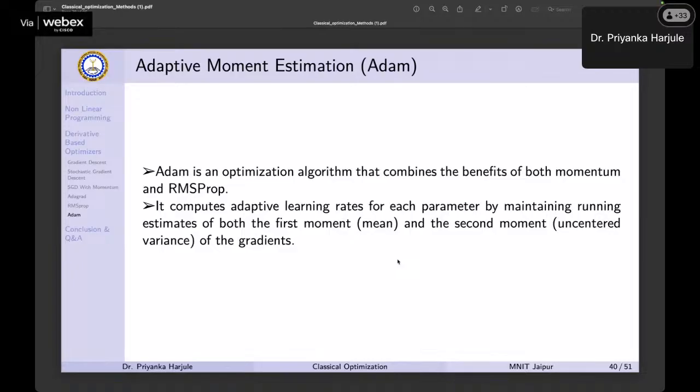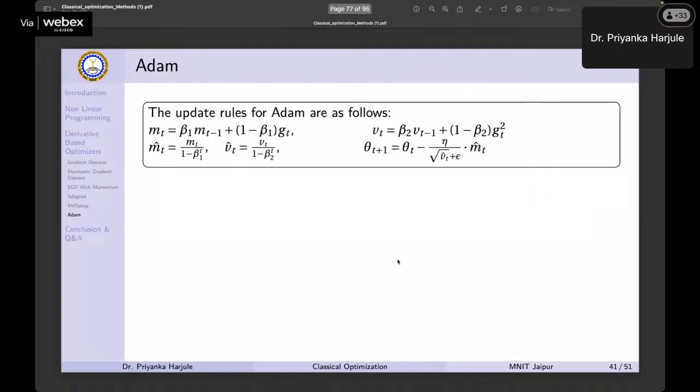Why momentum? Because what RMSprop was lacking was direction. So momentum is providing that direction. The update rules for Adam are like this. Here you can see the m_t. m_t is the momentum-like behavior that smoothens the gradient. v_t is the RMSprop-like behavior that adapts based on the gradient magnitude, and it helps in the adaptive learning rate.